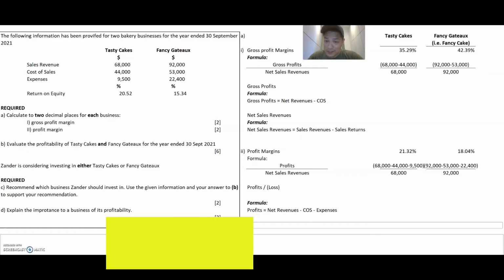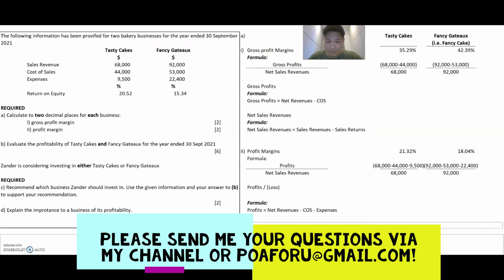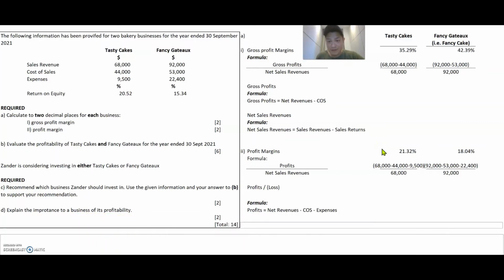All right, let's take a pause at this point in time and really try and understand what profit margins and gross profit margins are telling us. Let's start with profit margins first. Profit margins is essentially saying that, out of $100 that I sell of cakes, the profits that I derive after deducting direct costs and indirect costs, and direct costs is the cost of your cakes.